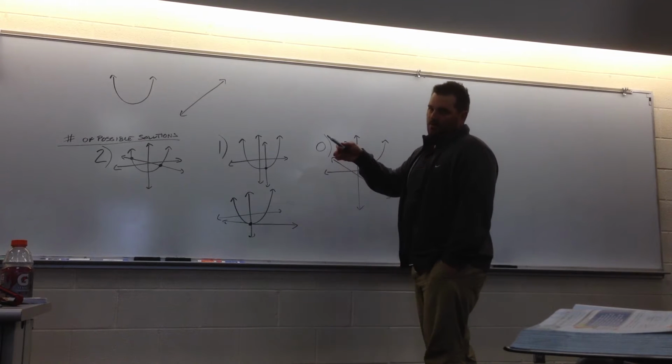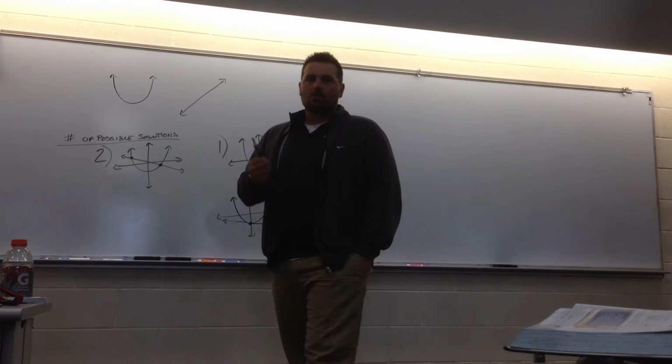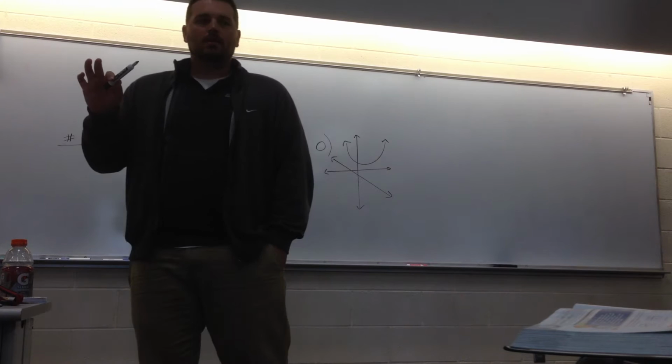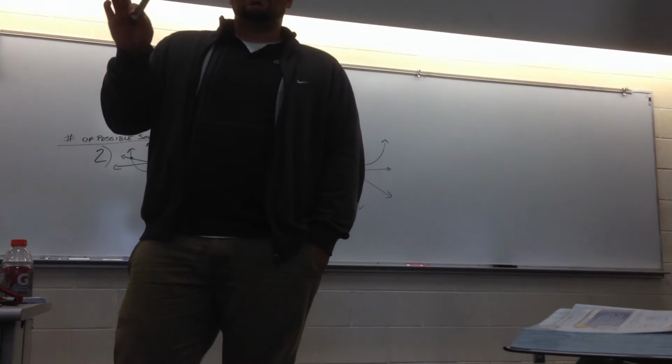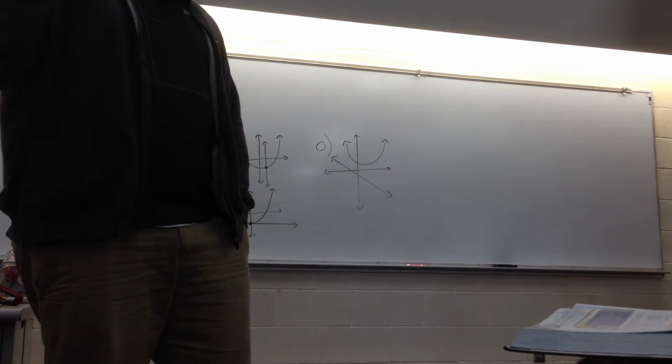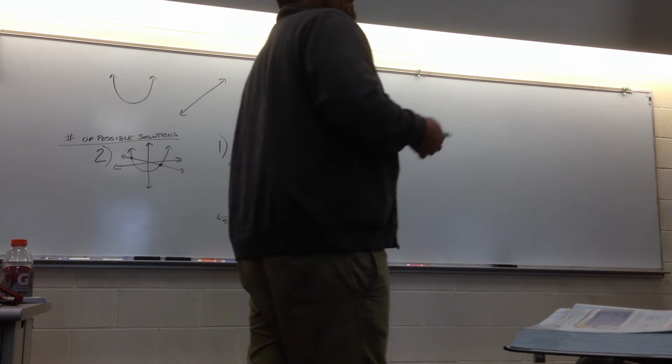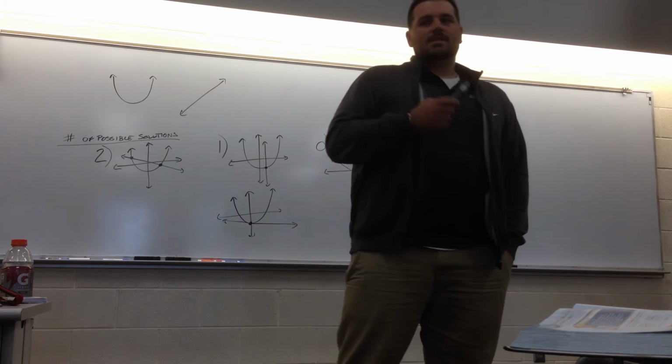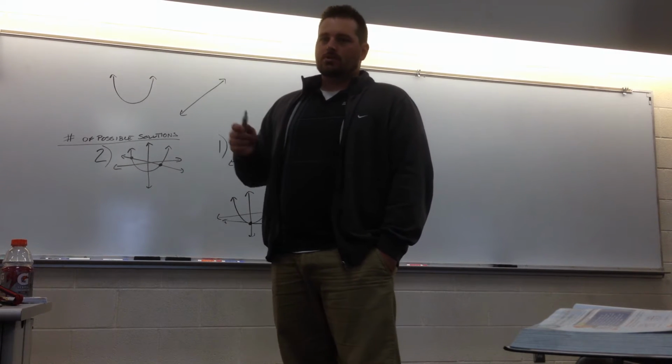We're given two things: one of them's a line, one of them's a quadratic. The idea is that we want to figure out where they meet, or what coordinates satisfy both equations.